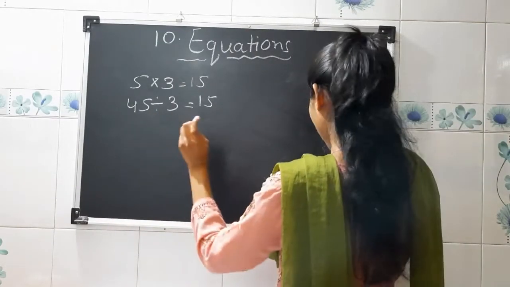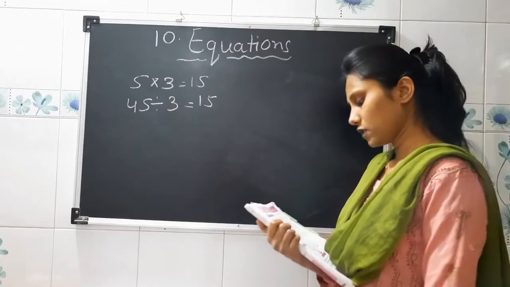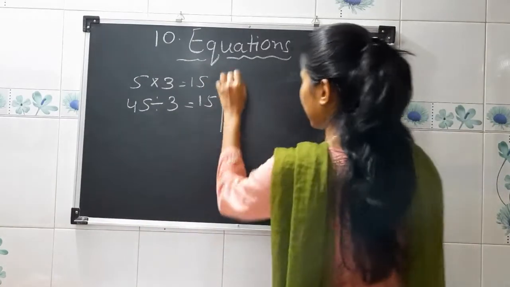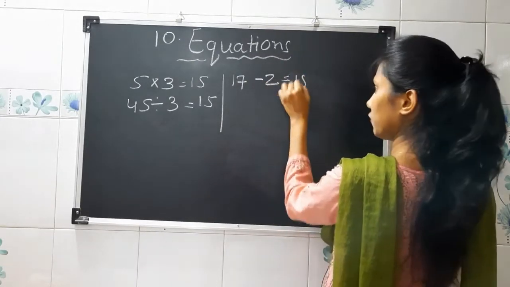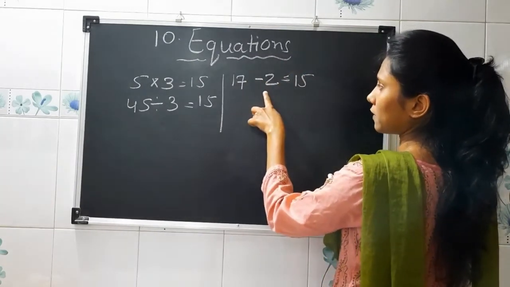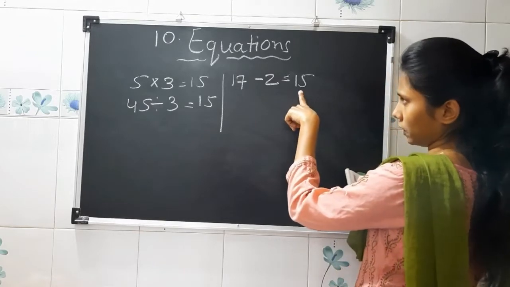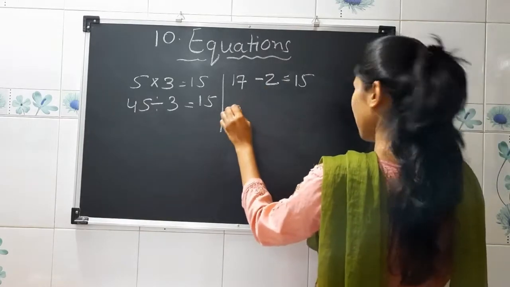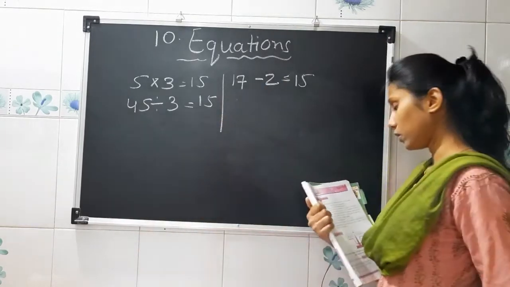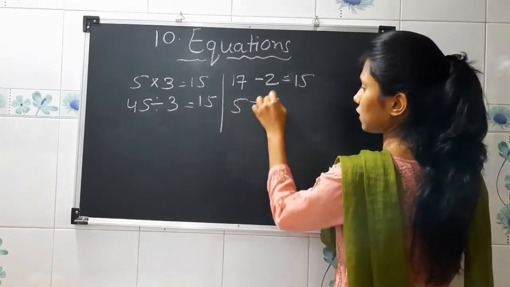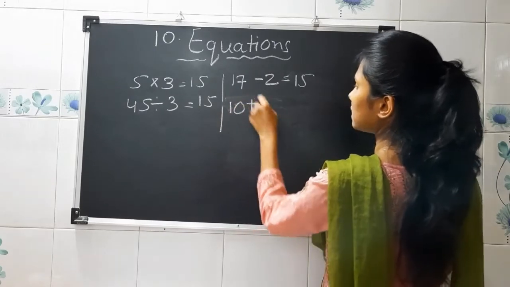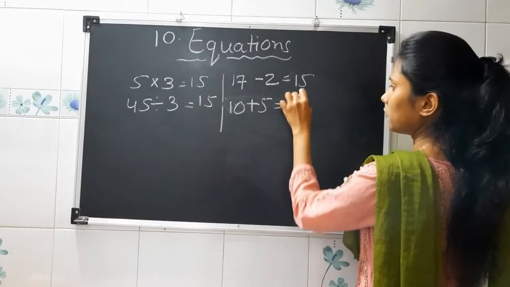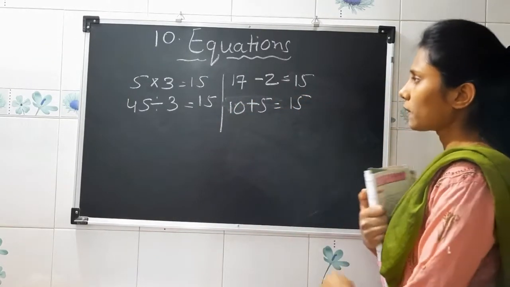Now, Shubhankar says that 17 minus 2 gives 15. 17 subtracted by 2, we will get the answer 15. Similarly, 5 added to 10 means 5 plus 10 or 10 plus 5, 15.